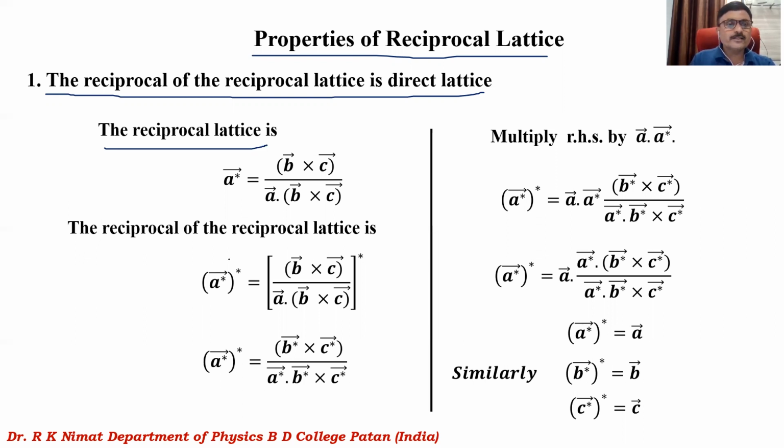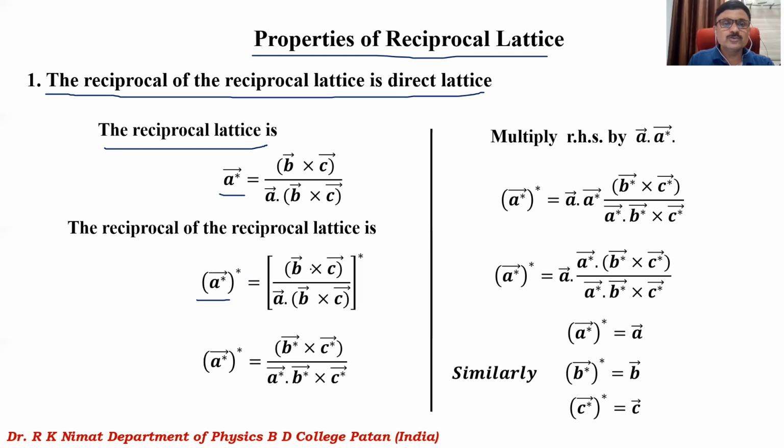Now we'll take the reciprocal of the reciprocal lattice vector. Means we'll take the reciprocal of A star, which will be represented as vector A star, and its reciprocal is represented by again star.